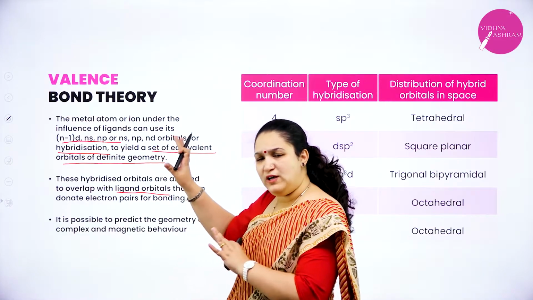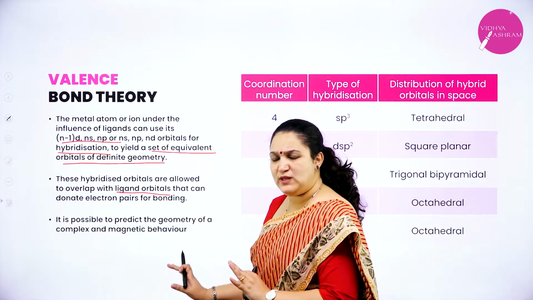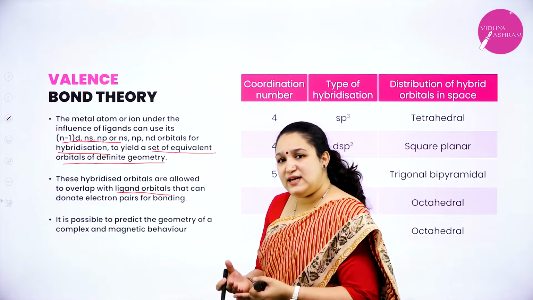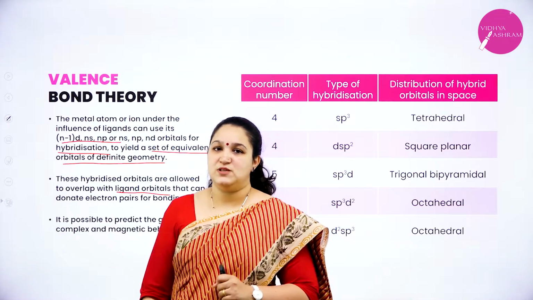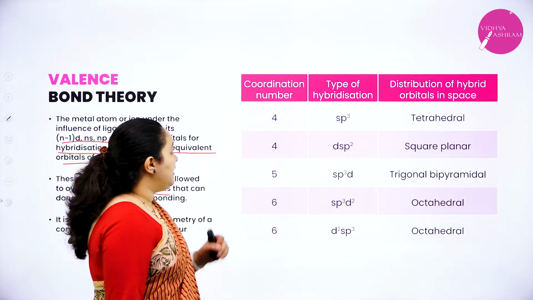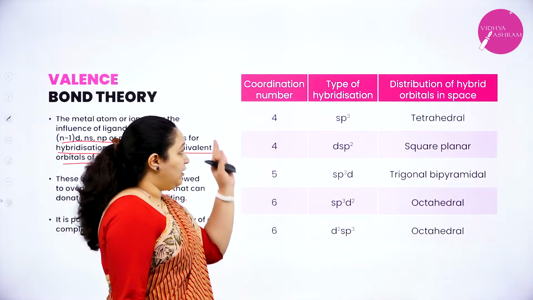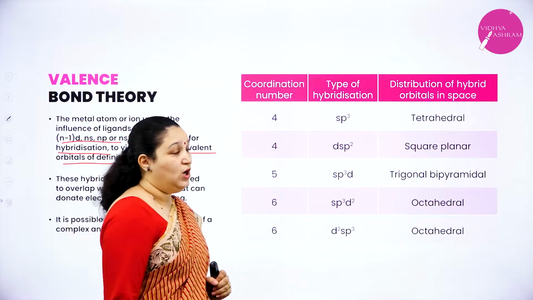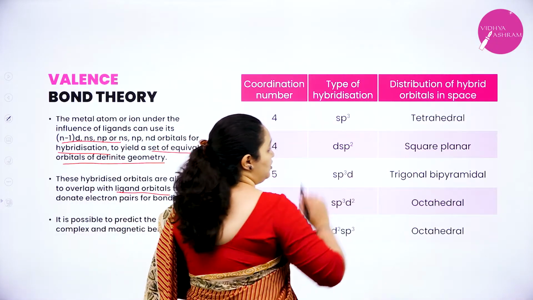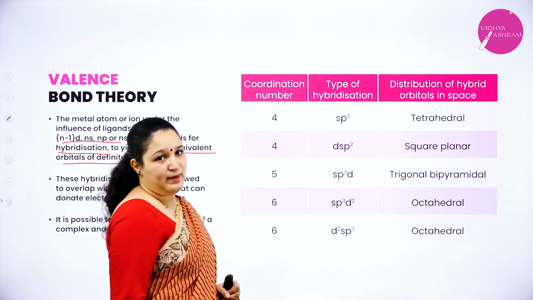If you are still having some doubts with the postulates, you will understand this better when I explain this with the examples. Okay? Here you can see, if you know the coordination number and type of hybridization, you can tell the geometry of the complex. Okay?